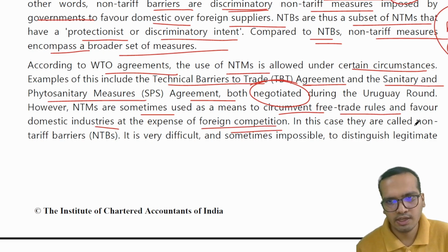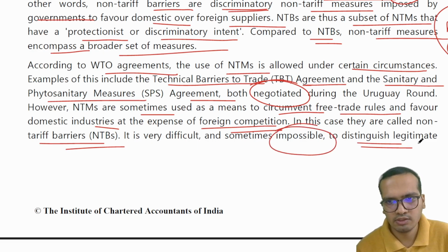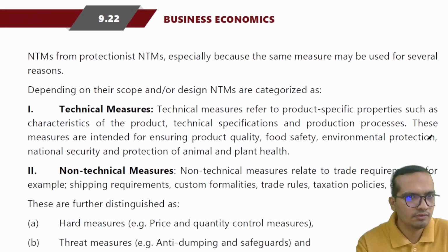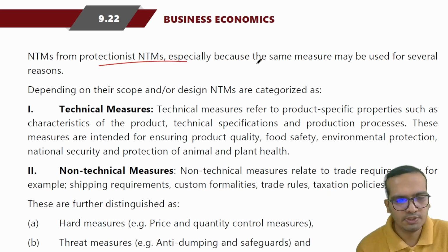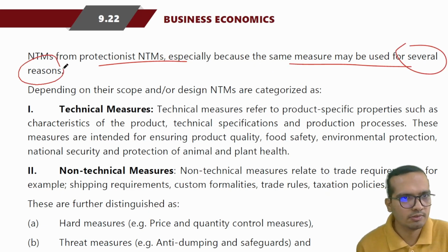In this case, they are called non-tariff barriers (NTBs). It is difficult and sometimes impossible to distinguish legitimate NTMs from protectionist NTMs, especially because the same measures may be used for various reasons.